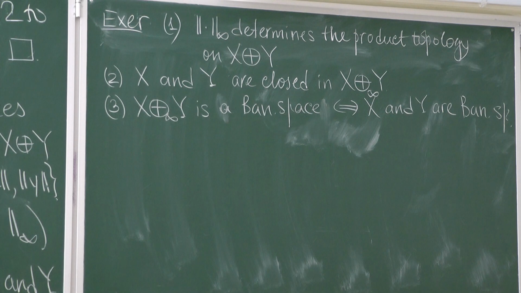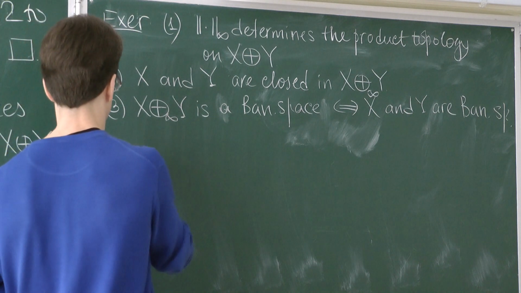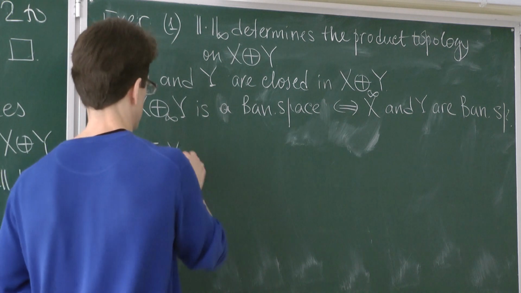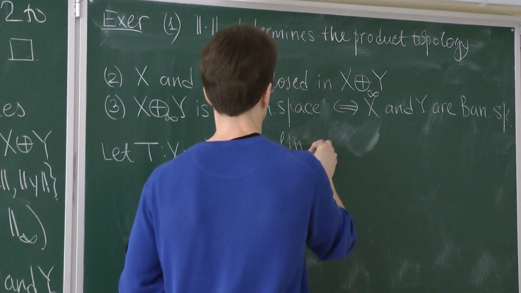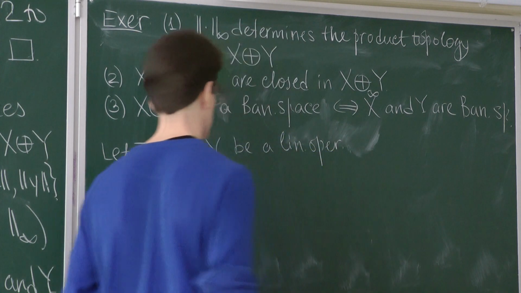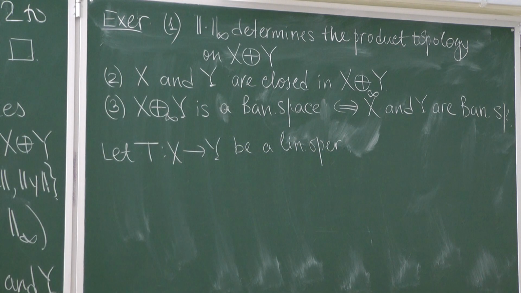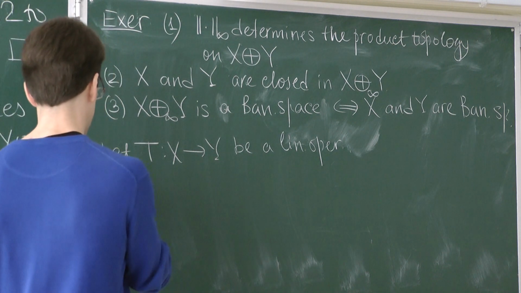Okay, let's now suppose that we have a linear operator from X to Y. Let T be a linear operator, not necessarily bounded, just a linear operator. Let's consider the graph of this operator.